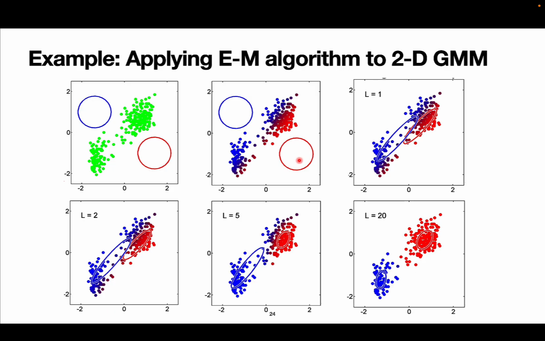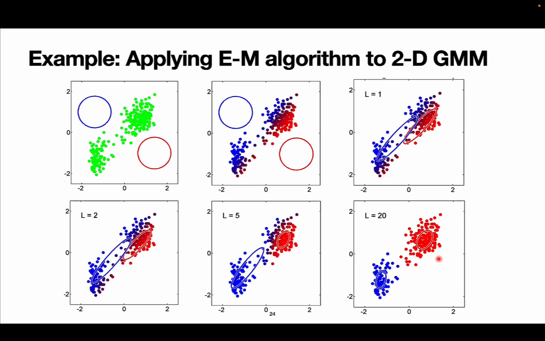In the M step, we update the mean and covariance matrices using soft clustering, and the ellipses show the Gaussian components after each iteration. As we repeat the EM, here at iterations 2, 5, all the way to 20, the Gaussians move, rotate, and reshape to match the data.